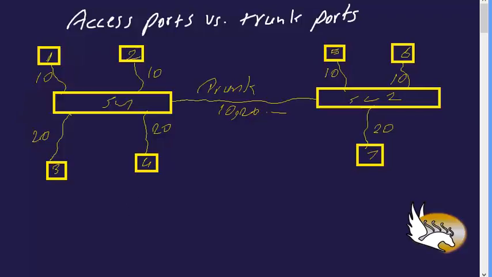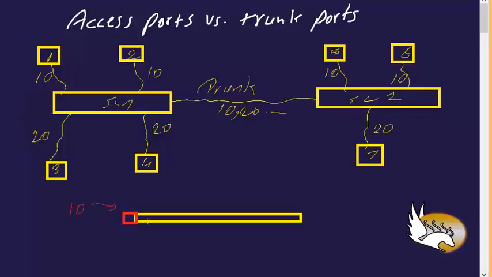Assuming that this is a data frame, and it can be from, for example, 64 bytes to 1500 bytes, we need to add a tag to the beginning of this frame. And in this tag, we add a number. This number, for example number 10, denotes that this is a frame that belongs to VLAN 10.